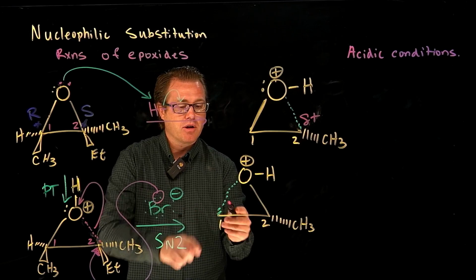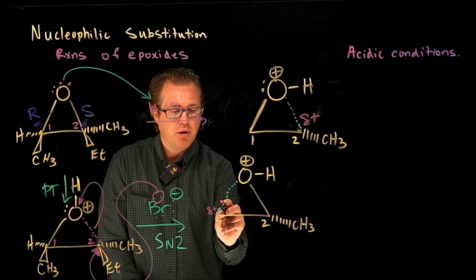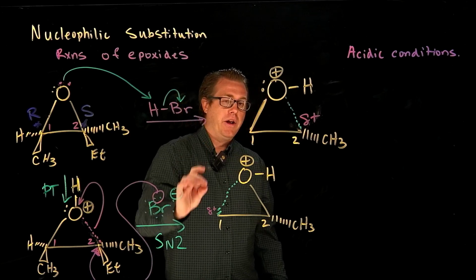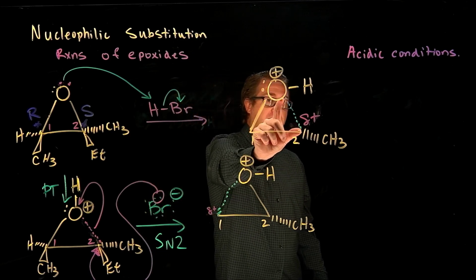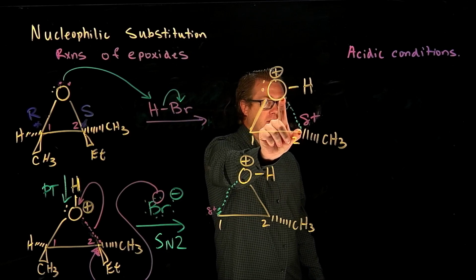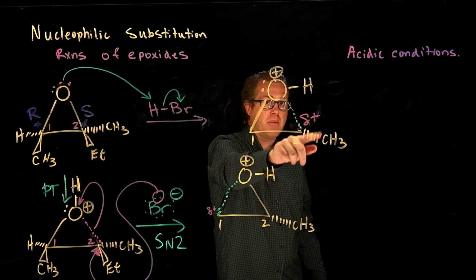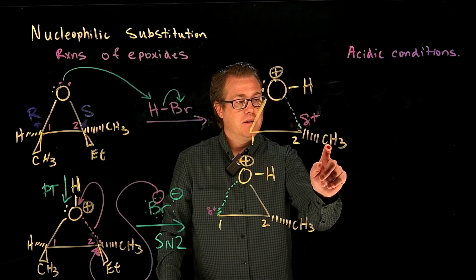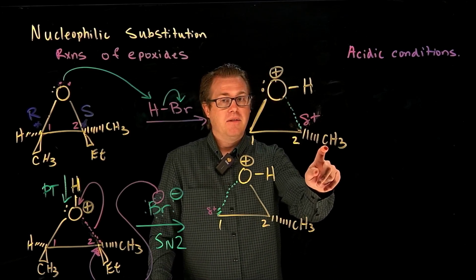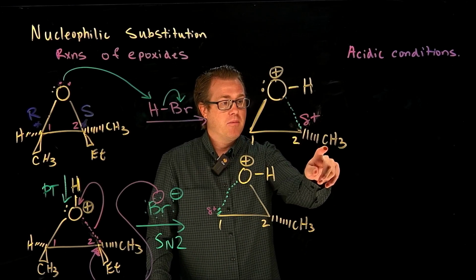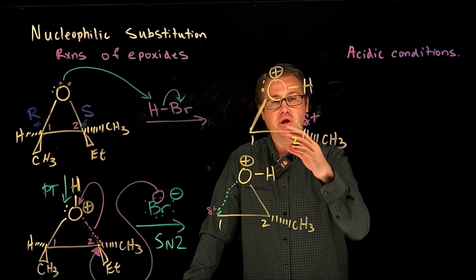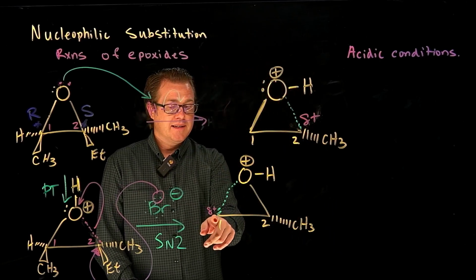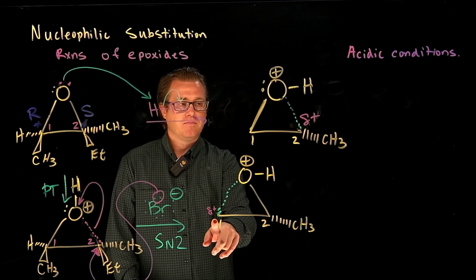And then on this one, we're going to have just a tiny partial positive because the epoxide is going to preferentially have this bond be the partial bond because it gives us a more stable partial positive because of the donating ability of the alkyl groups. Remember, alkyl groups are electron donating, whereas on carbon 1, in this example, there's only hydrogens.